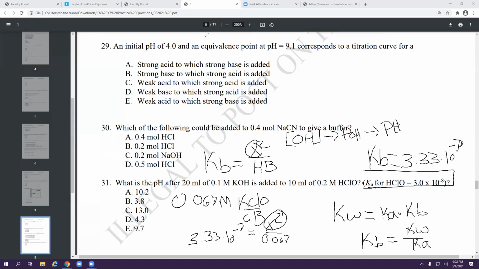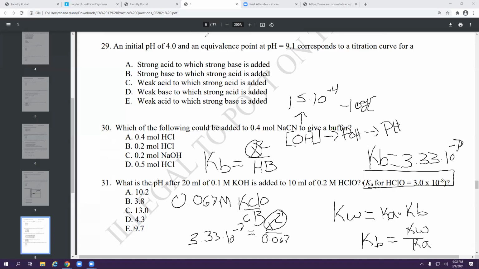3.33 times 10 to the 7th, I already have that, times 0.067. Take the square root of that number. I get an OH score of 1.5 times 10 to the negative 4th power.